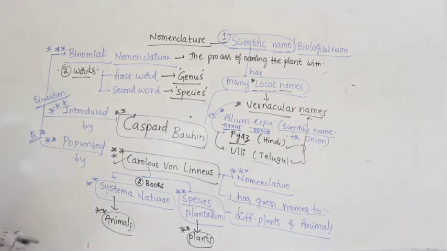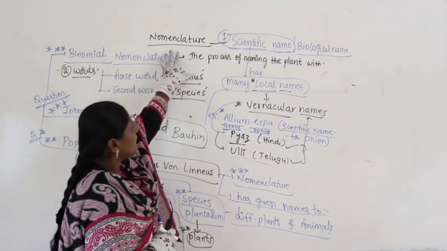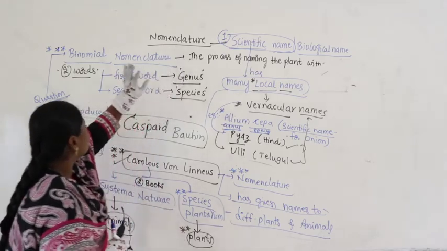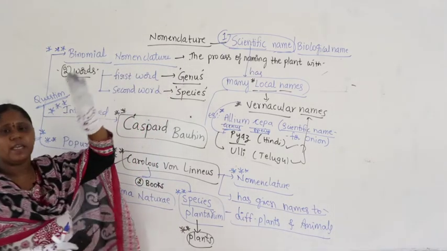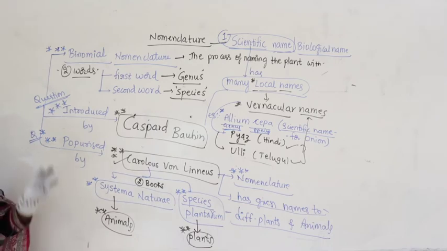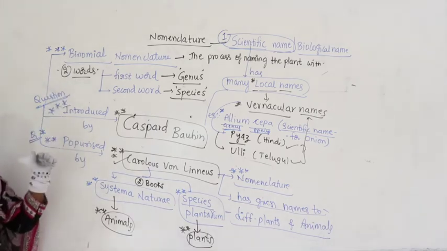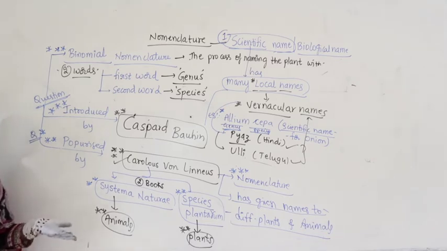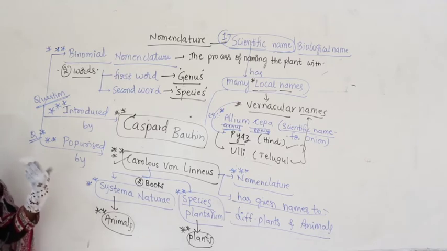What is the third component of taxonomy? Nomenclature. What is nomenclature? Here we have polynomial nomenclature, trinomial nomenclature, then we have binomial nomenclature. Remember, polynomial is once upon a time people used to call the plant with too many names. Then they came down to trinomial nomenclature, which includes 3 names. What are the 3 names?